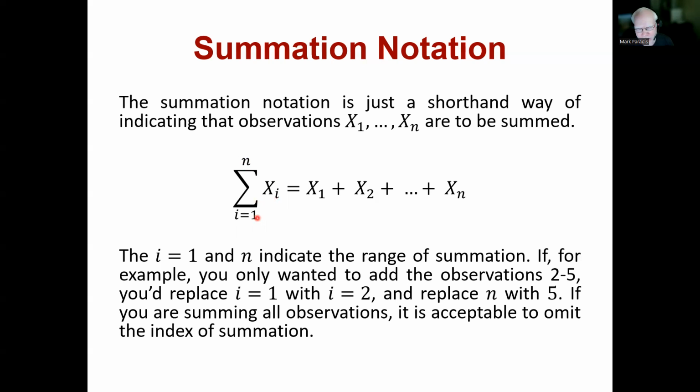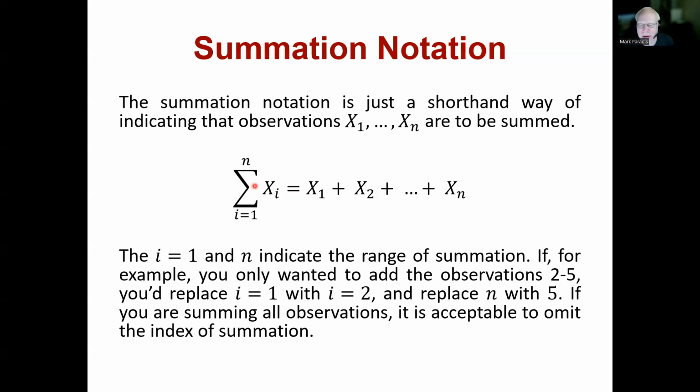And this will often be the case: if you're summing all the observations, it's acceptable to omit the index of summation, the i equals 1 and the n. If you just see the sigma symbol with Xi or with X, really that's just telling you to add up all observations of X. So by shorthand, if everything's been included, you don't have to put the 1 through n.